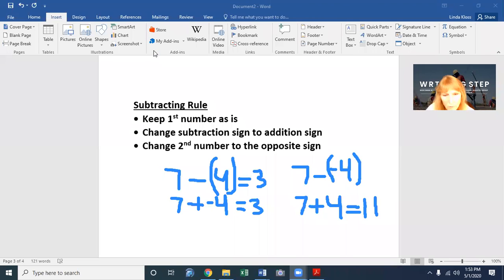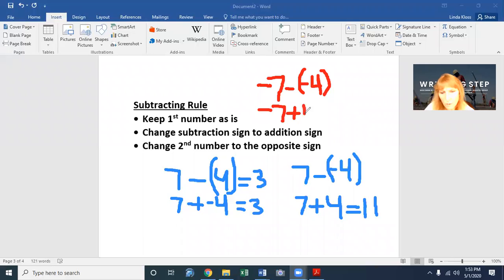And we'll try one more before we do some of the problems. Let's try negative 7 minus negative 4. Okay, what are we going to do on that one? Well, what's the rule say? Keep the first number as is, negative 7. Change the subtraction sign to an addition sign. Change the second number to the opposite sign. So currently, it's a negative 4.